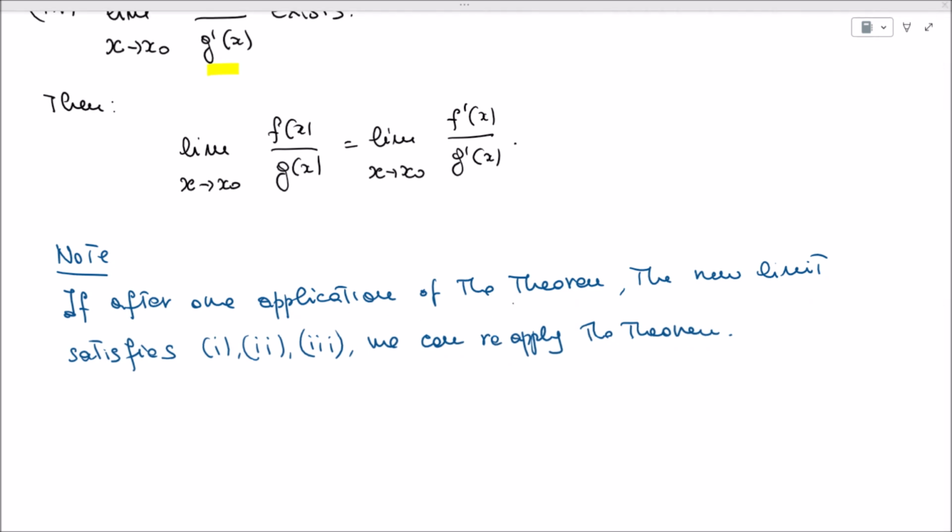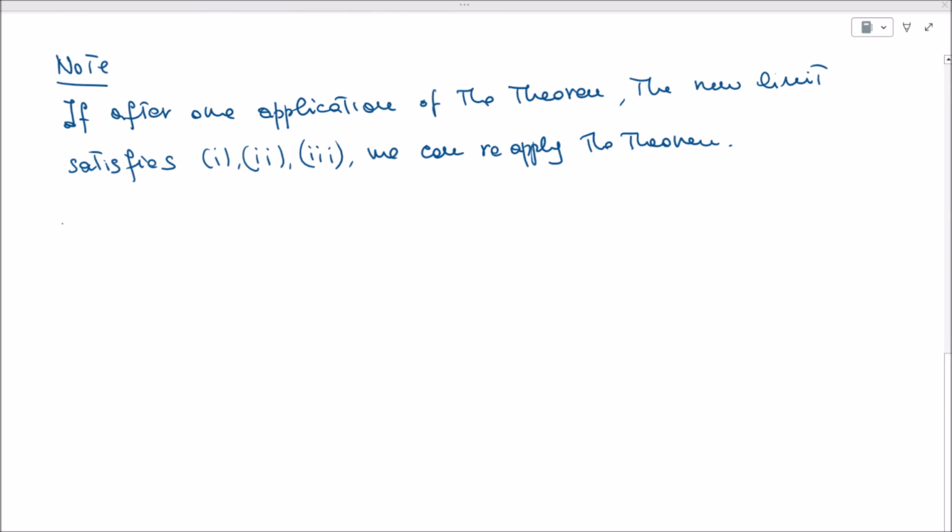Let me show immediately one example of application of the theorem. Let's consider the limit as x goes to plus infinity of 2 cosine of 3x plus x divided by x.